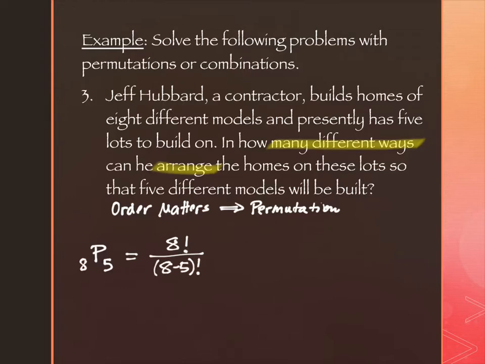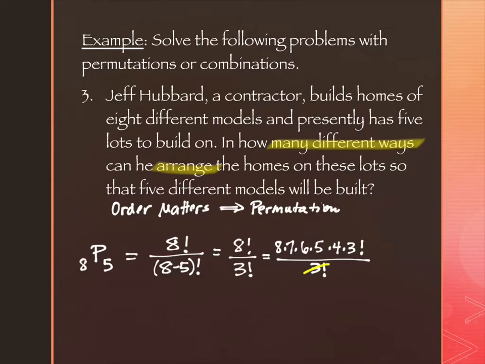This is probably the last one I'm going to write that out for. So the denominator is always the subtraction. 8 minus 5 will be my 3. So it's 8 factorial over 3 factorial. We're going to write out our 8 factorial pretty far this time, all the way down to 3. So 8 times 7 times 6 times 5 times 4 times 3 factorial.